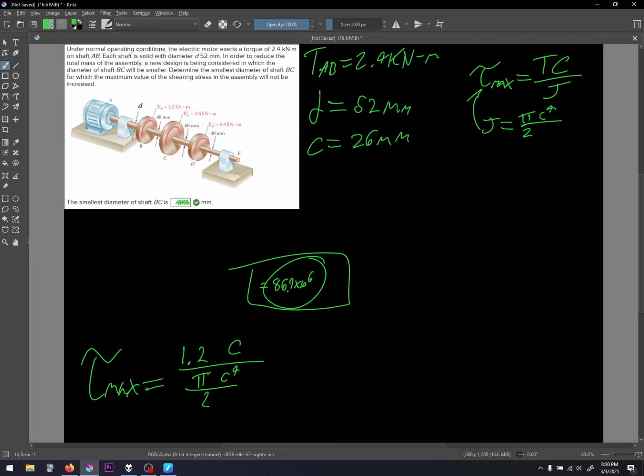Keep this, change it, flip it. Is that right? It doesn't look like pi would cancel.